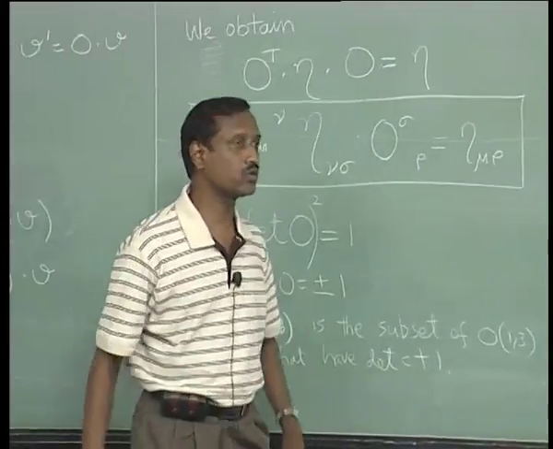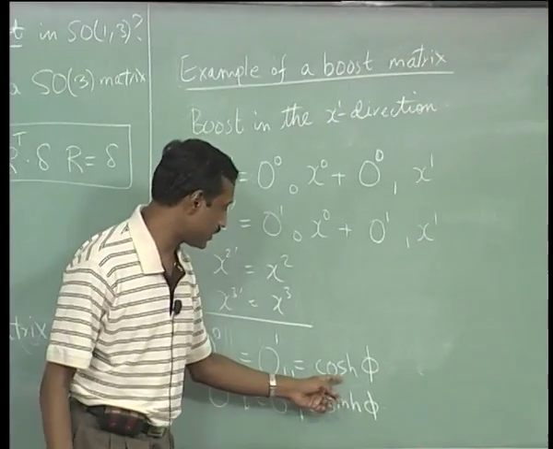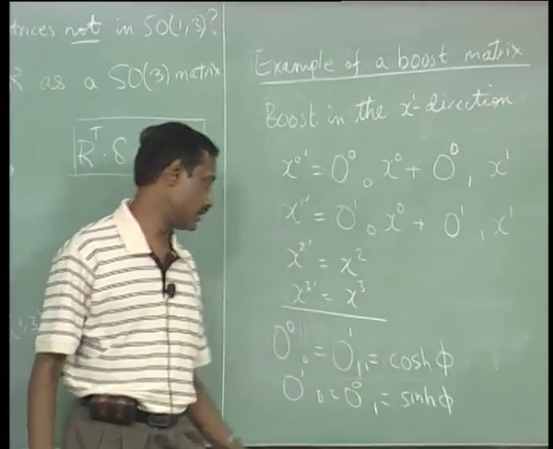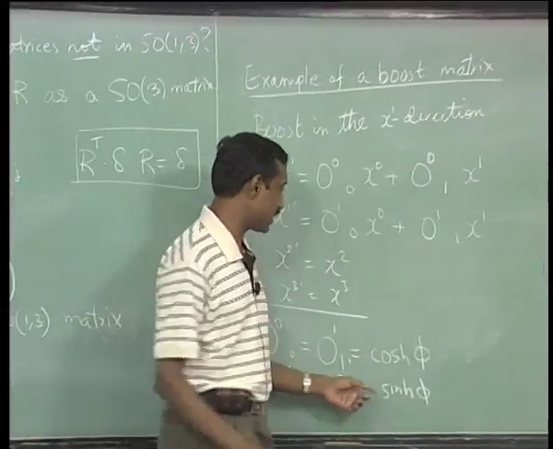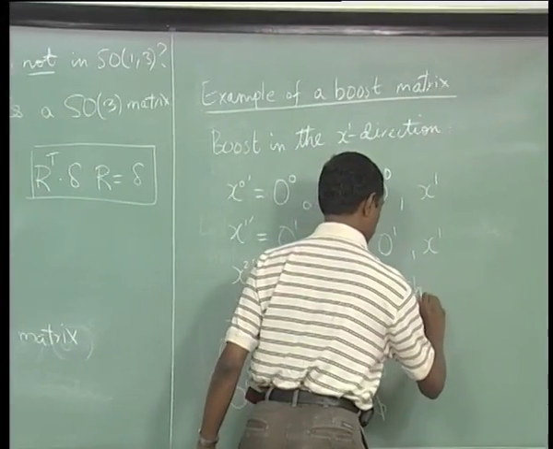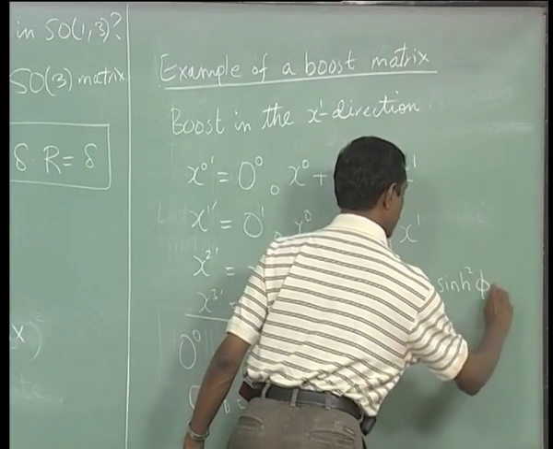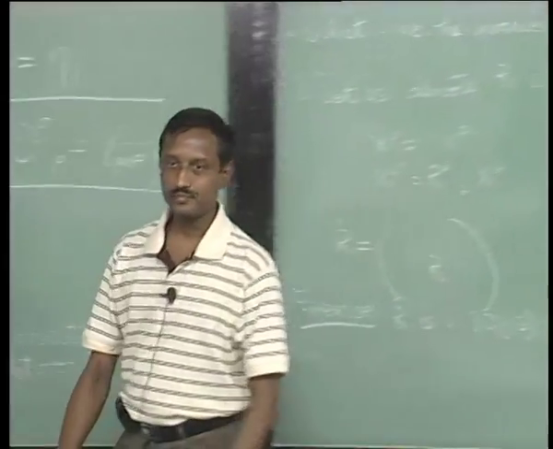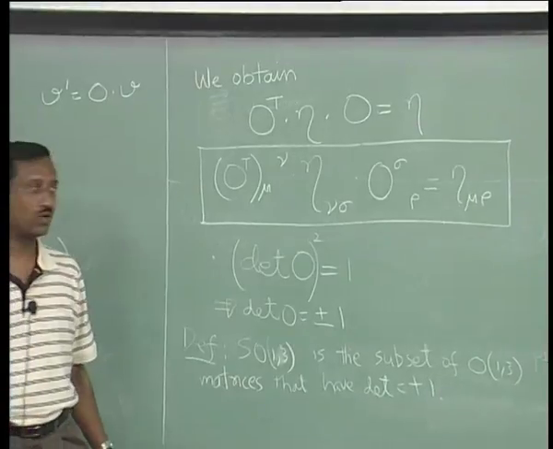So this is very similar to rotation matrices, except that the sine and cosine functions get replaced by hyperbolic functions, and the hyperbolic functions crucially have a minus sign in this simple identity. So this minus sign has its origin in the minus sign in eta.